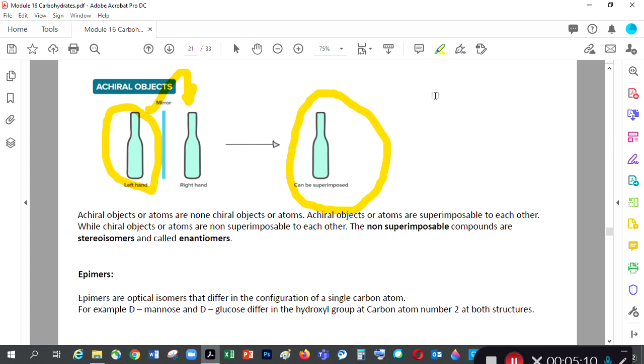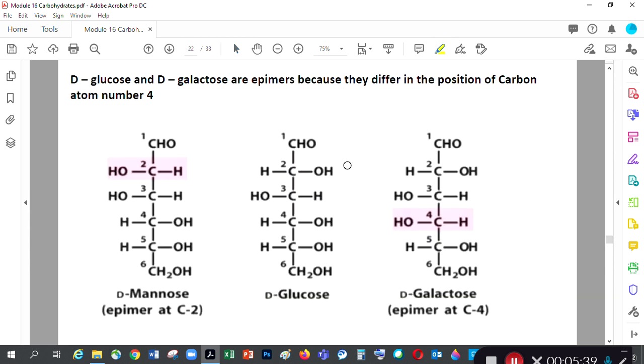You cannot differentiate between those two bottles, correct? And this is characteristic of achiral. Achiral means non-chiral, or not chiral, which means they are not making stereoisomers. So those are not stereoisomers.